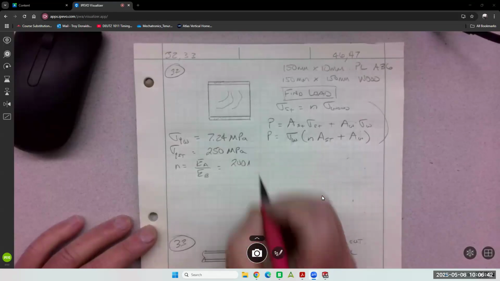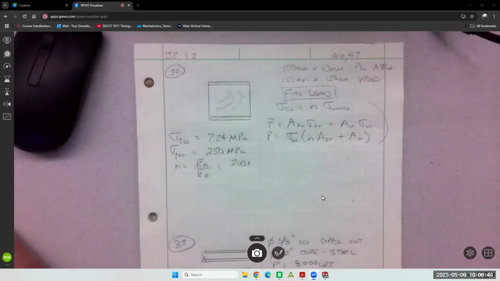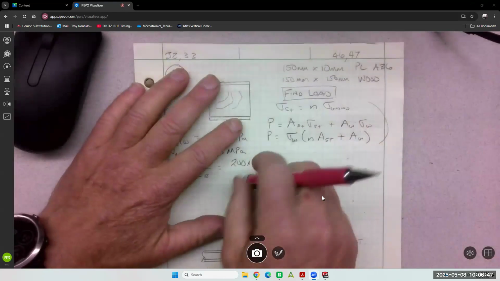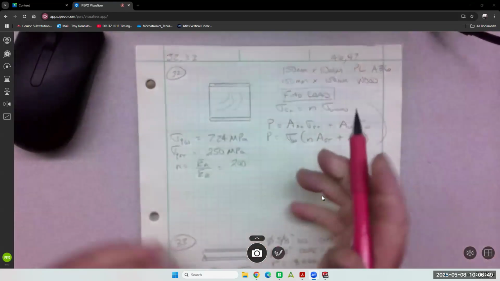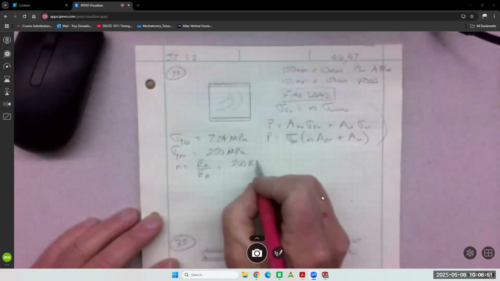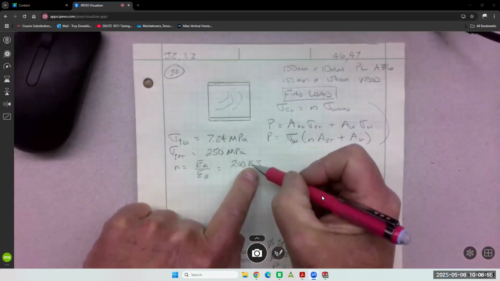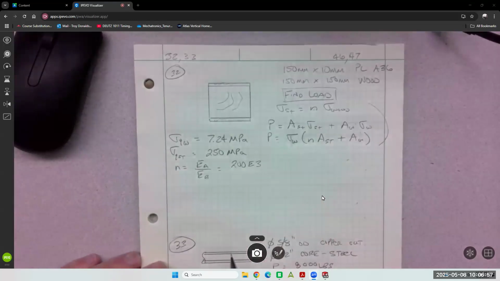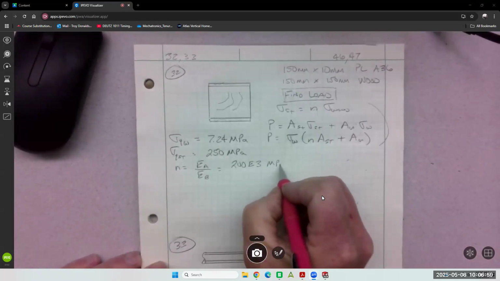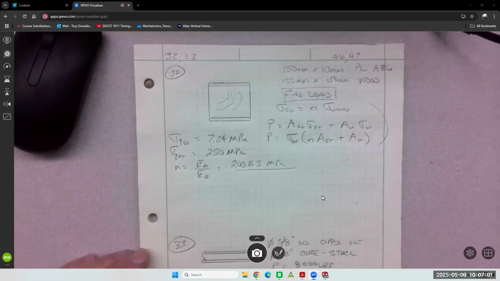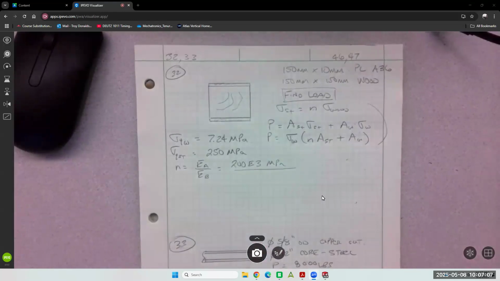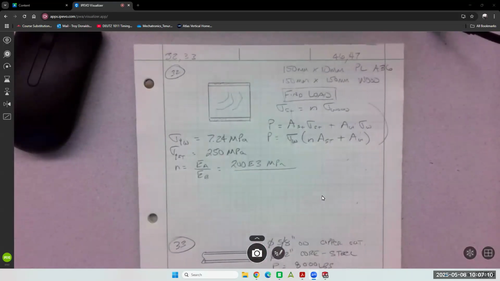200 times 10 to the 3. I write that E to the 3, and that's not this E, right? That's exponential. Megapascals. And then what's the other material? Doug Fir. What do we get for that? 12.